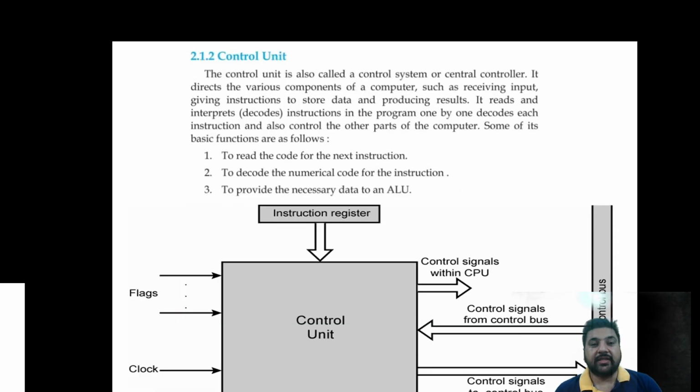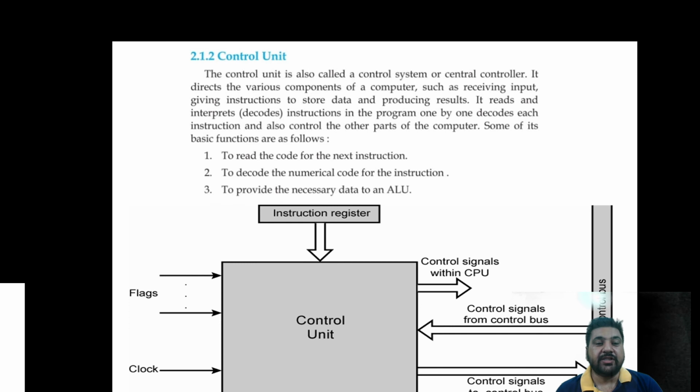Now, the control unit. The control unit is called a control system or central controller. It directs the various components of a computer, such as receiving input, giving instructions to store data, and producing results. It reads and interprets, meaning decodes, instructions in the program. One by one it decodes each instruction and also controls the other parts of the computer.